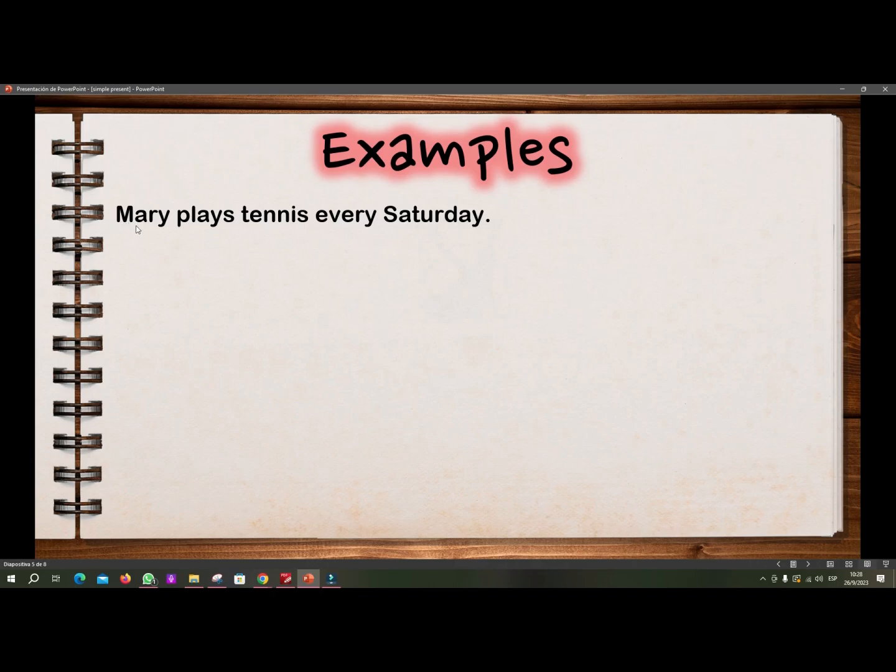Sujeto María. El verbo jugar. Como acá cumple la regla número 3, ¿verdad? Que tenemos vocal Y, solamente agregamos S al verbo. Complemento. So, Mary plays tennis every Saturday. Entonces sería lo mismo que digan, ella juega tenis todos los sábados, ¿verdad?